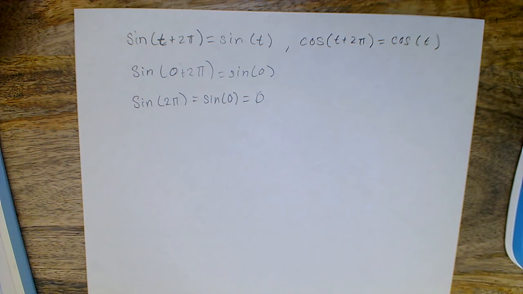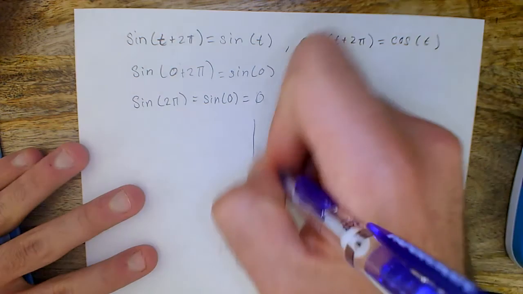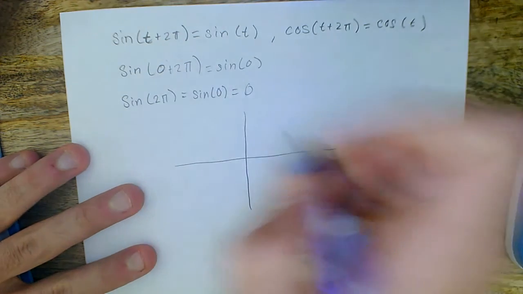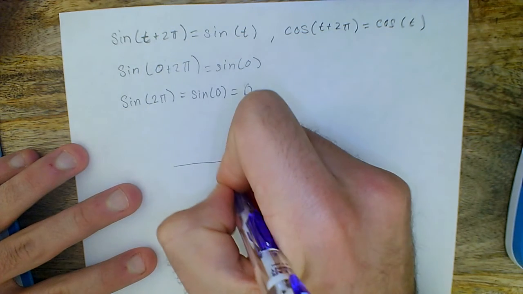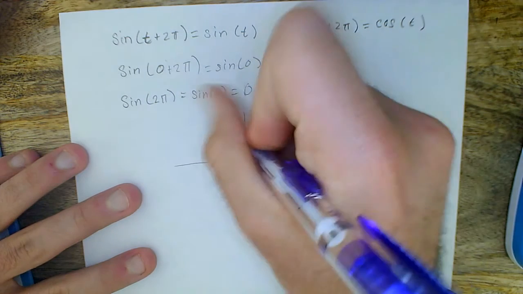Okay, so we've got that the domain of both sine and cosine is negative infinity to infinity. The range is negative 1 to 1. We talked about the zeros of each function. And if we look back at our unit circle, we can talk about the maximums and minimums of the sine and cosine function.